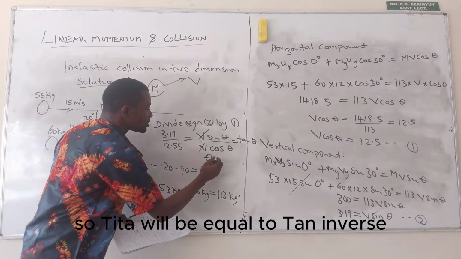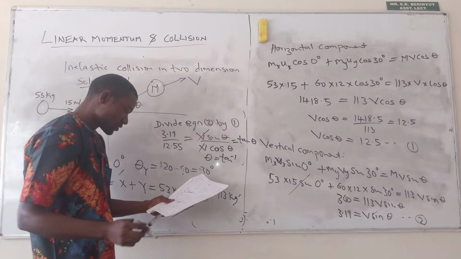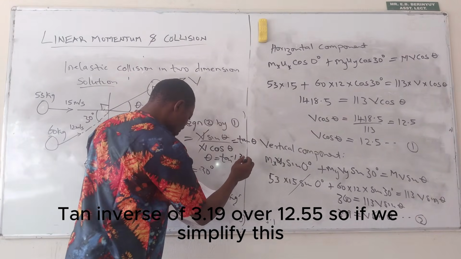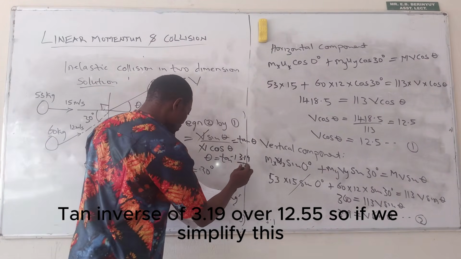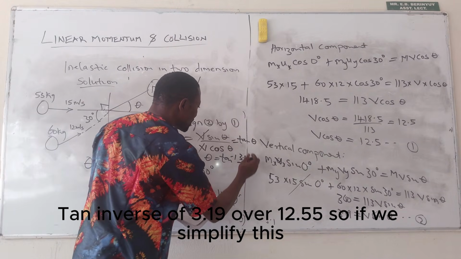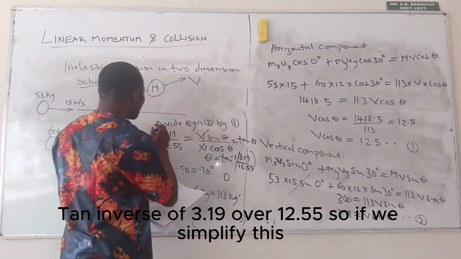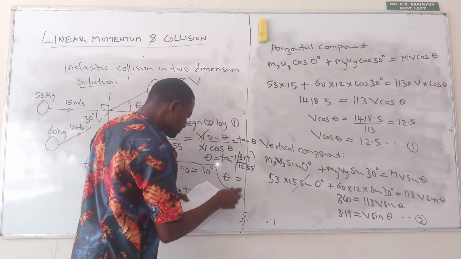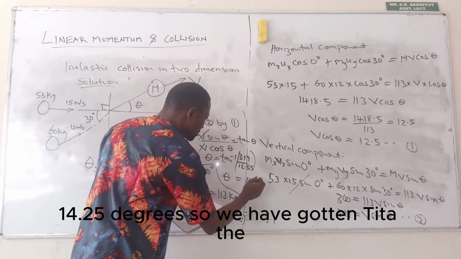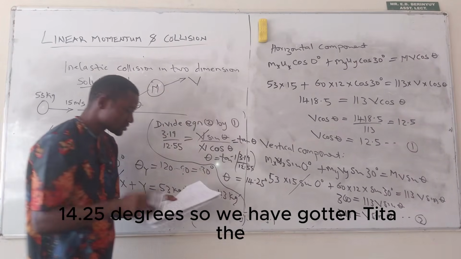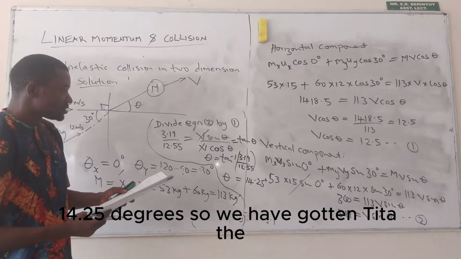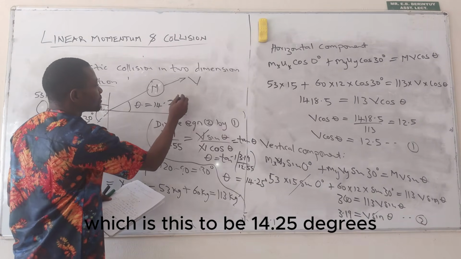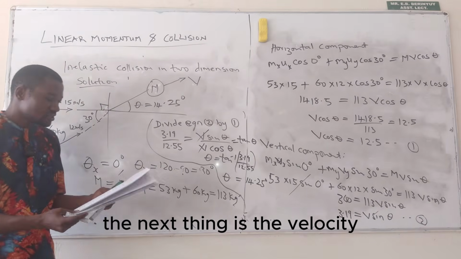So theta will be equal to tan inverse of 3.19 over 12.55. If we simplify this, theta will be equal to 14.25 degrees. So we have gotten theta, which is this, to be 14.25 degrees.